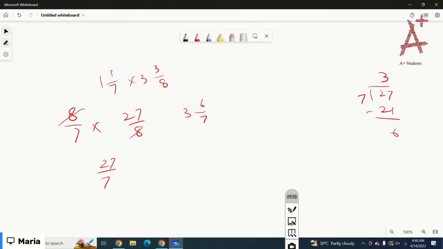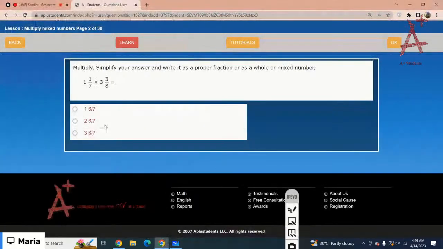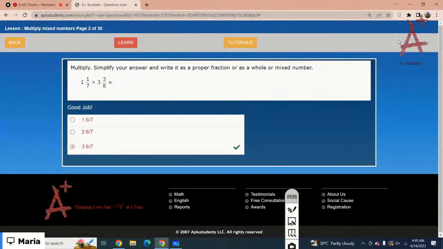So let's select the correct option. Last one is the correct option, then click on the OK button.